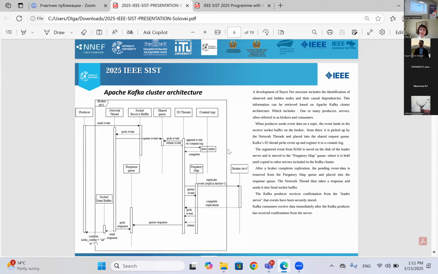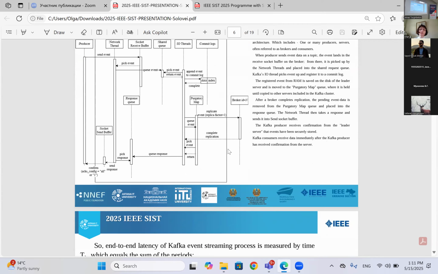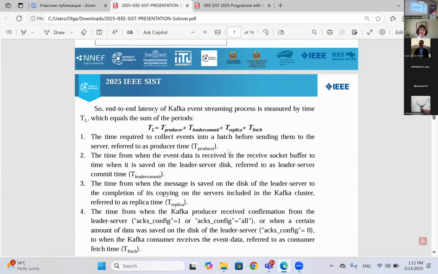Once the replication is completed, the event data from the purgatory queue is moved to the socket send buffer, and from this point the producer receives the response from the server leader, the data is saved successfully, and the consumer is able to fetch data to consume it.